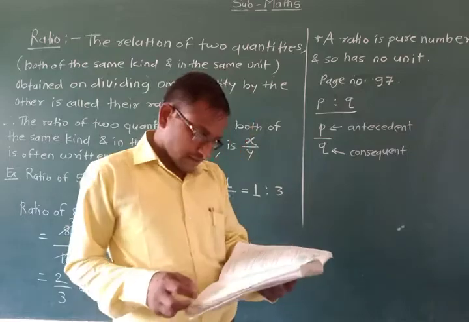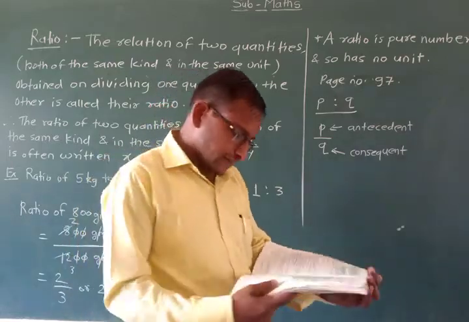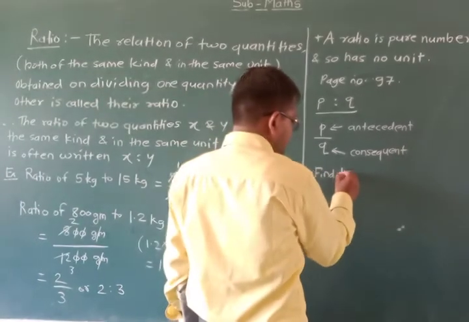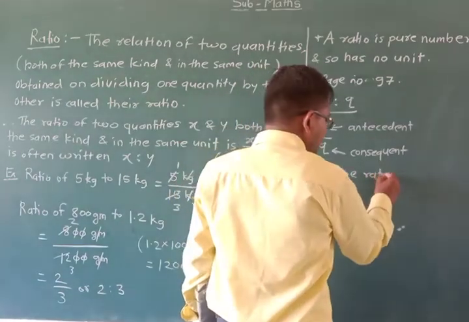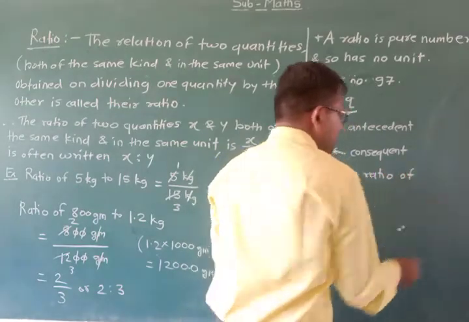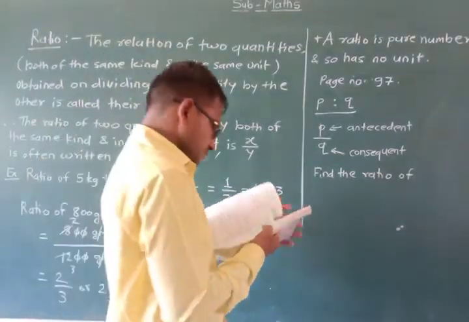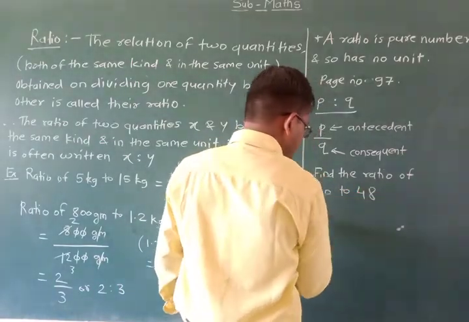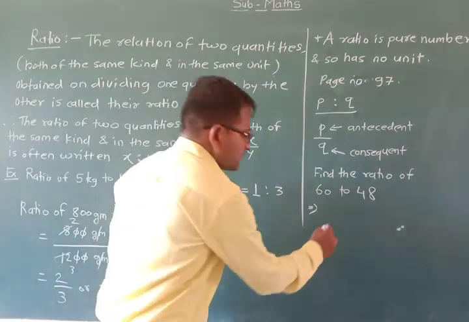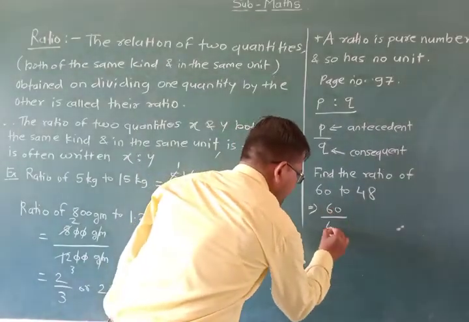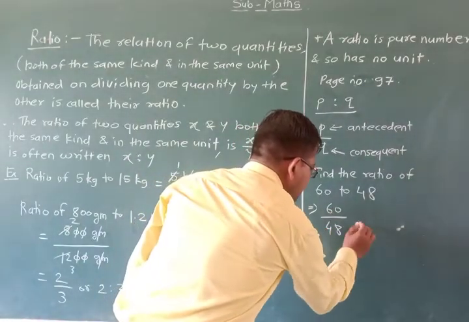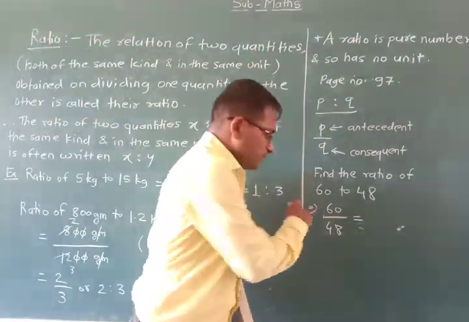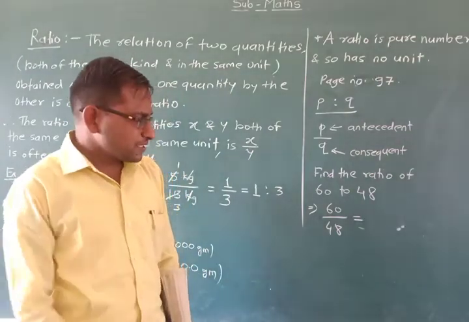Then see here an example. Find the ratio of 60 to 48. So first you write down 60 upon 48. Then write this value in lowest terms.